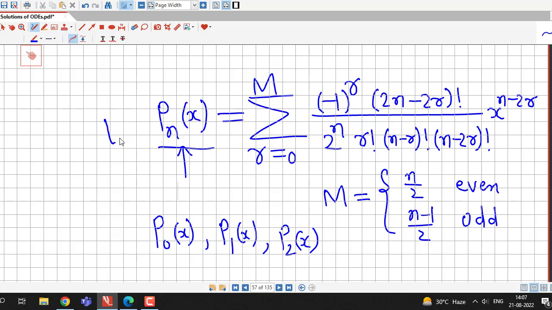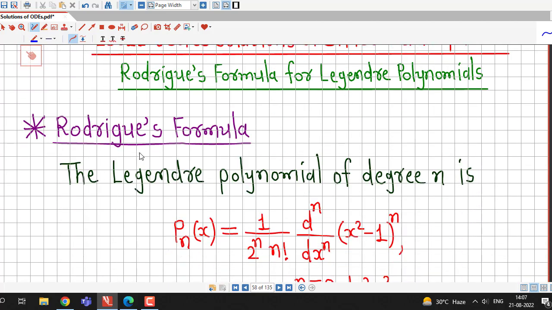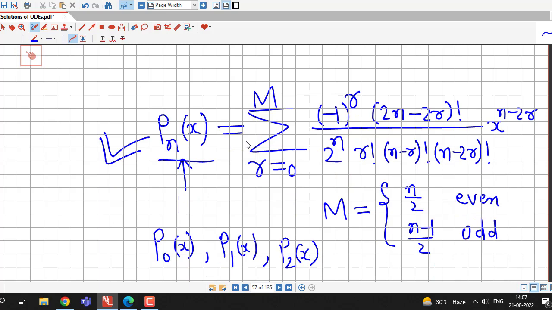Now we have another formula for Legendre polynomial. If you are not comfortable with this formula, we have another formula for Legendre polynomial of degree n. That formula is known as Rodrigues formula, and it is easy to remember as compared to this formula.